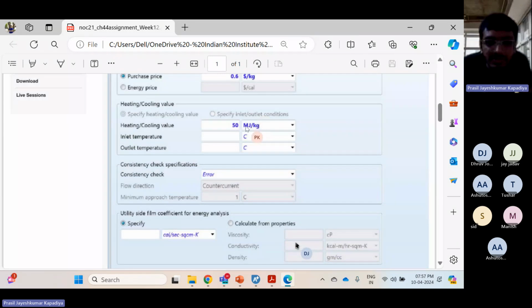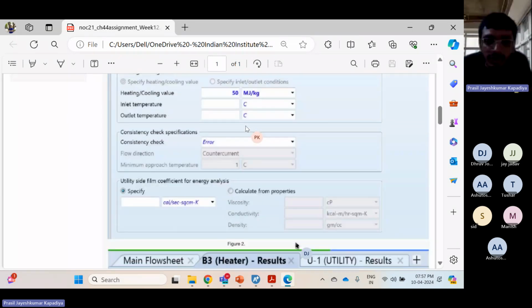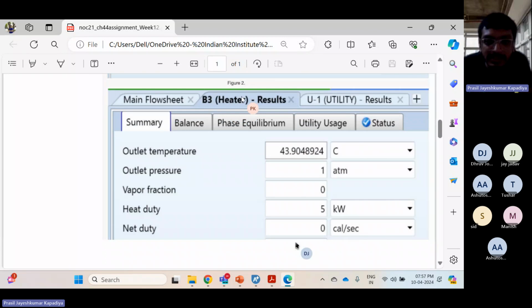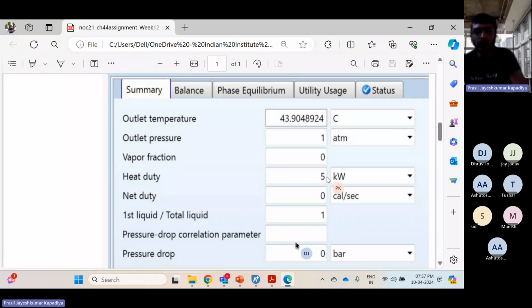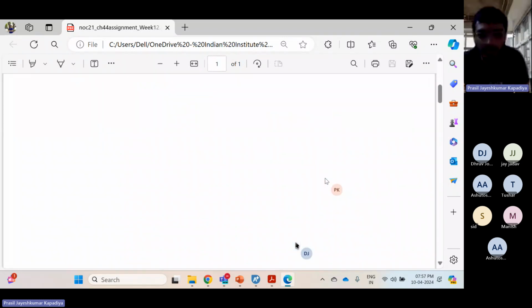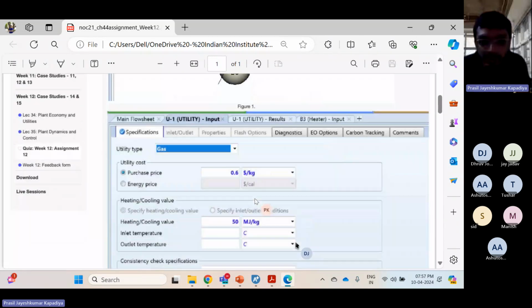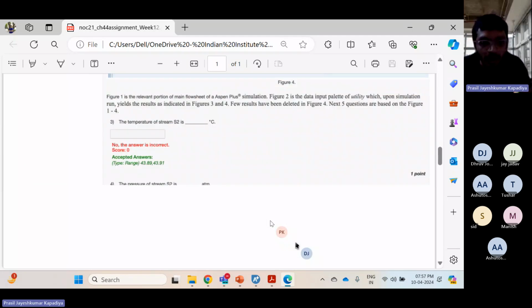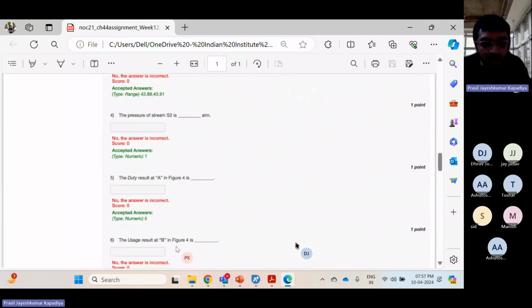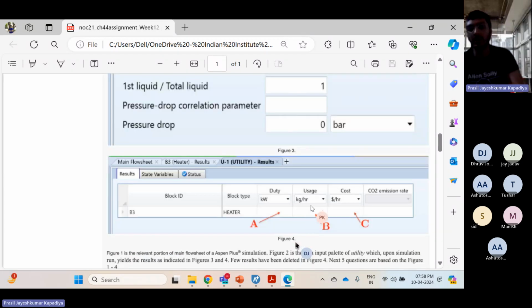Yes, kilowatt is kilojoule per second. So 5 kilowatt divided by 50 megajoule per kg, and you need to adjust the unit for this term. What was the unit? Kg per hour.